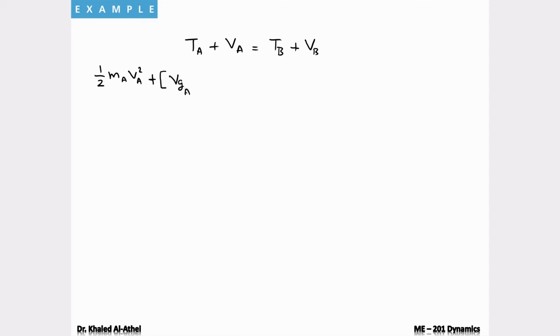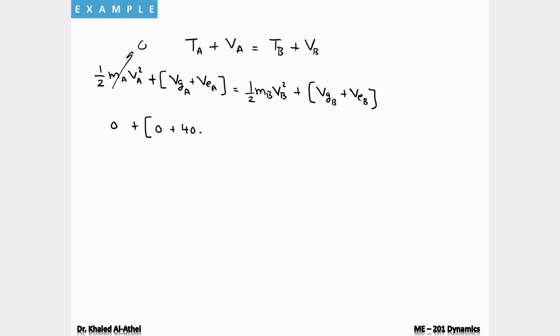So I have VGA plus V elastic A should equal half MB VB square plus, again, potential energy due to gravity at B and elastic potential energy at B. Now, since we are starting from rest, again, initial velocity is 0, plus potential energy at A due to gravity was 0 because we were at the datum, and elastic energy, we computed it to be 40.118.